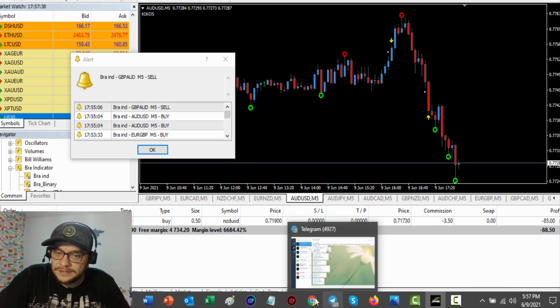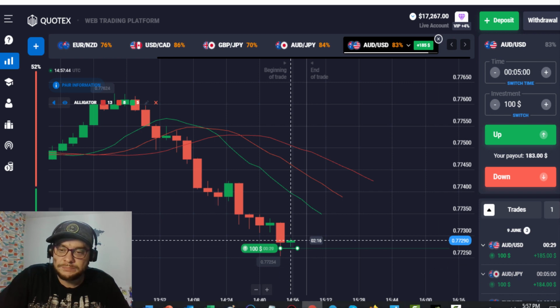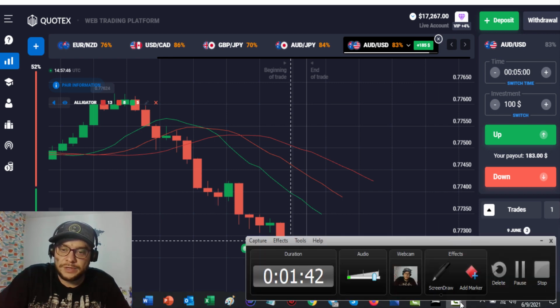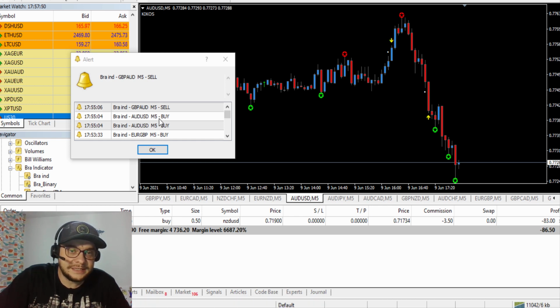And we have one trade in the money, as you can see. This one, Australian dollar, Japanese yen, was placed also following this signal here.